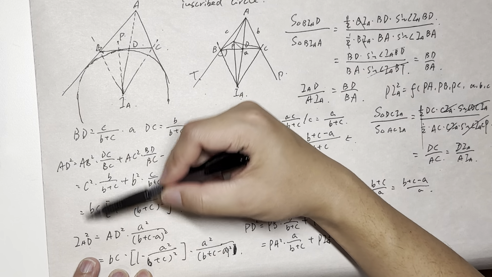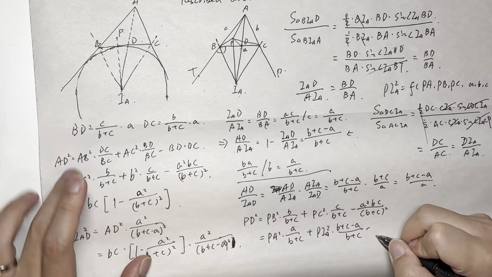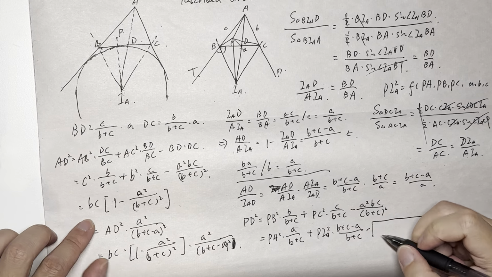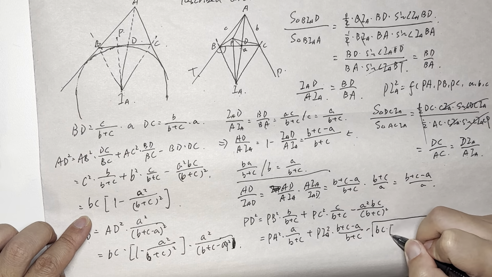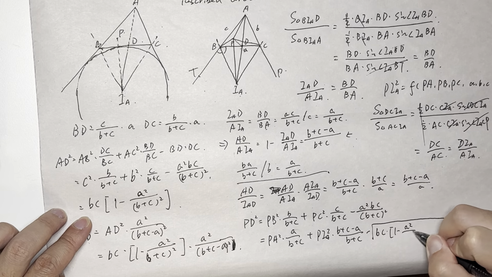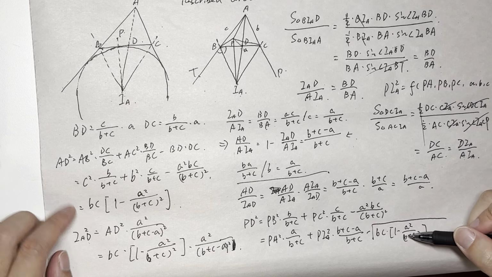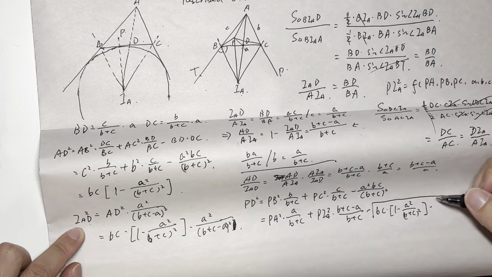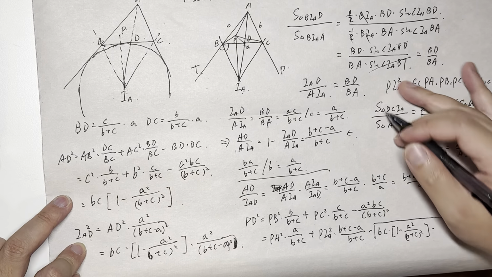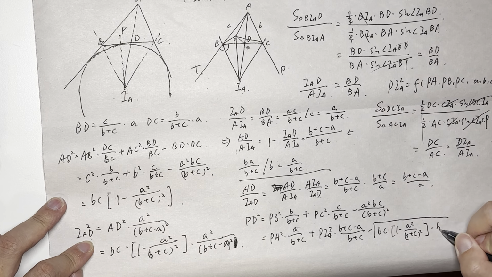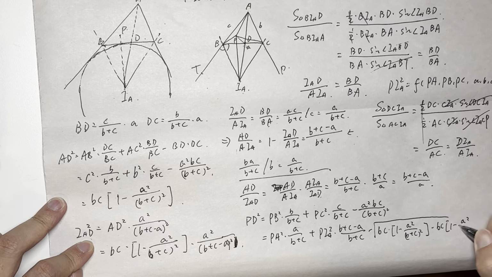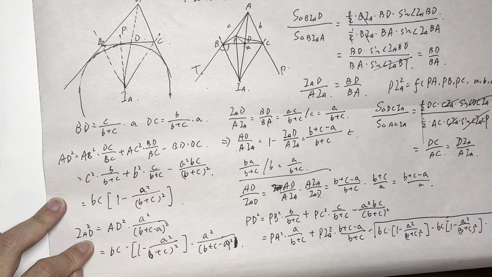So AD times IAD is like the square root of these two terms, which is BC times 1 minus A square to B plus C square. So this is AD square times IAD square, which is BC times 1 minus A square to B plus C square times A square to B plus C minus A square, right?